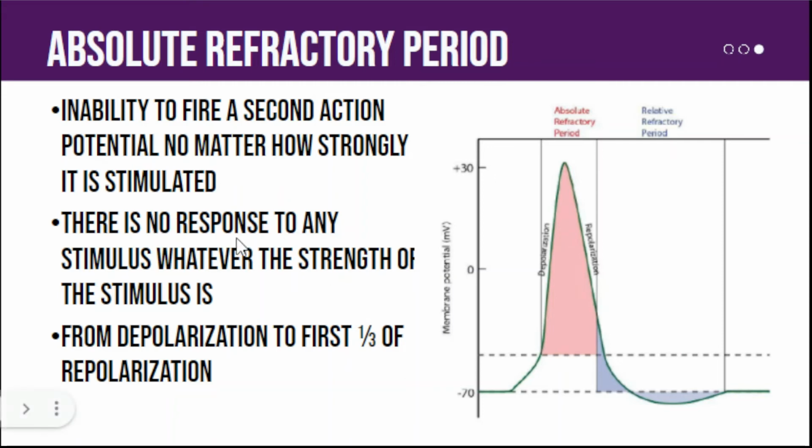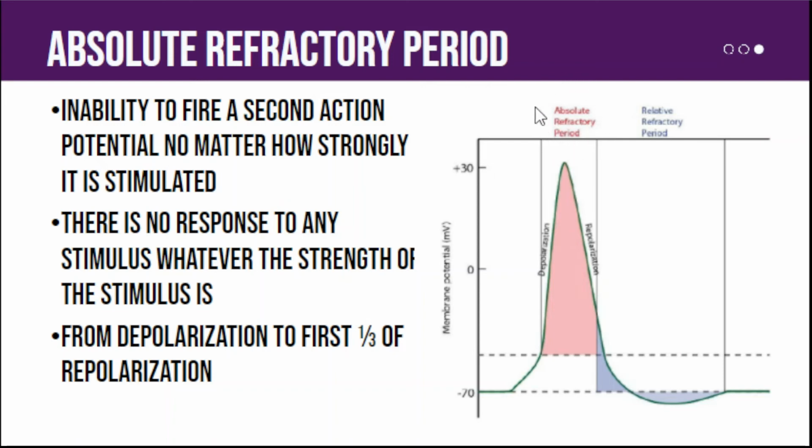There will be no response. And yung absolute refractory period starts from depolarization until the first 1/3 of repolarization. So at this point, no action potential will be created. Okay, that's your absolute refractory period.